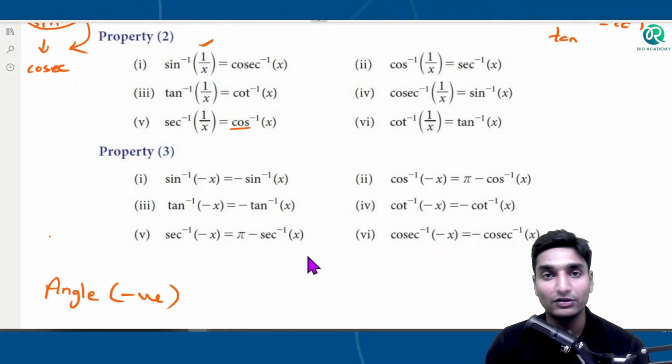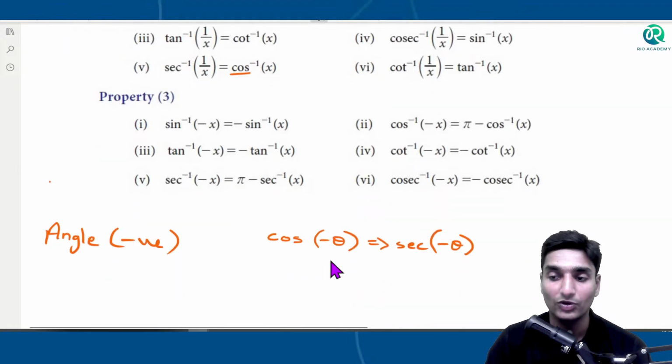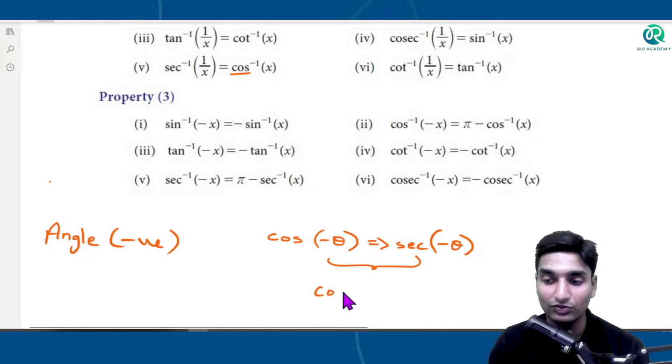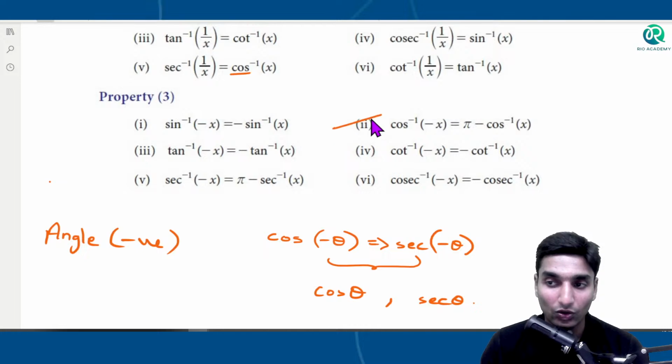If you remember, guys, in the normal trigonometric functions, only the cos function, cos of negative theta, and its reciprocal, secant of negative theta, were positive. Cos of negative theta is cos theta, and secant of negative theta would have been secant theta. But in the case of the inverse trigonometric values, cos and secant will still be positive here.